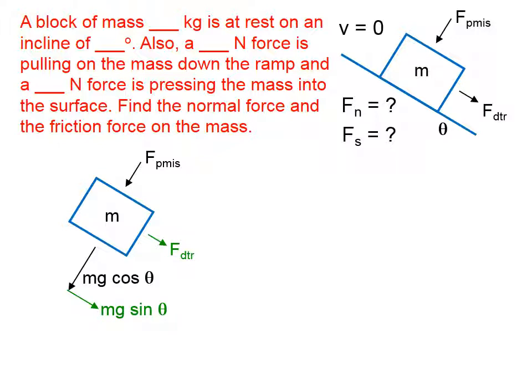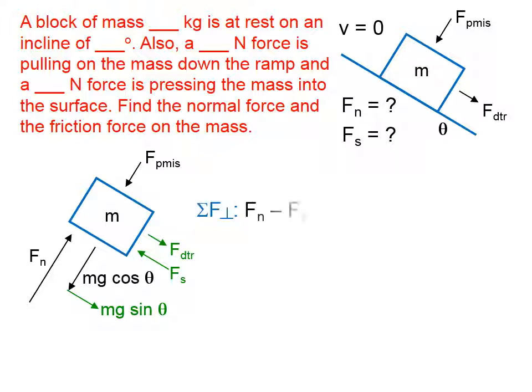You can imagine that if we had drawn the mg vector onto this free body diagram, it would go straight down to there. But that mg vector isn't very useful. mg cosine theta, as I've drawn it, and mg sine theta, now those are useful vectors. Okay, are there any other forces? Well, how about the normal force and the friction force?